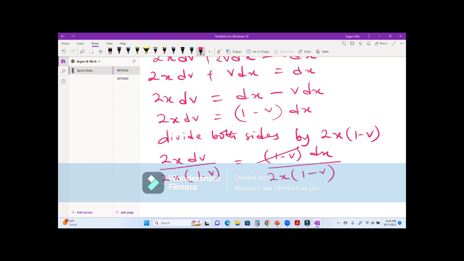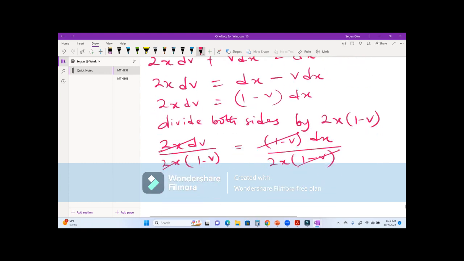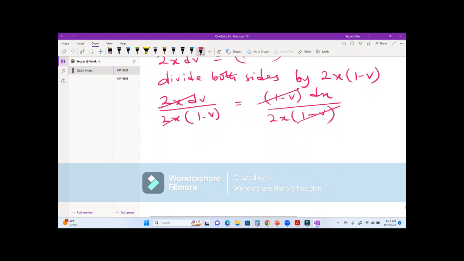So this goes with this, then 2x goes with 2x. At the end of the day, everything has been separated, and we have dv over 1 minus v equals to dx over 2x. Any question on that? At this point, it's clear.